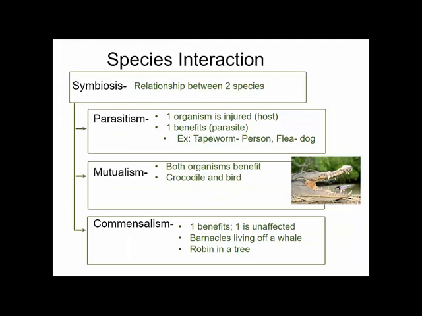So the barnacle hitches a ride on the whale, attaches itself, it gets to filter little bits of food out of the water. But the whale is not harmed by the barnacle. It's not taking anything away from it. It's just not really affected. It's not benefiting. That would be an example of commensalism.